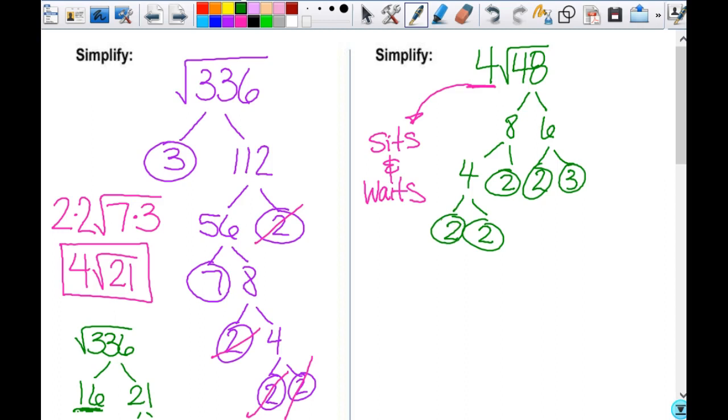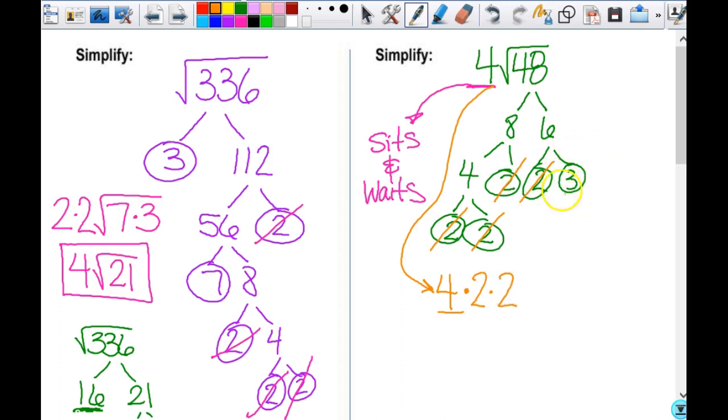I can't forget that that 4 is sitting out there waiting on us, right? So he's going to come down here now to right here, and that's where this 4 comes from. Then I start looking for pairs. These 2's come out with that 4 as a regular 2. These 2's, 2 of them I cancel out, also come out as a regular 2.